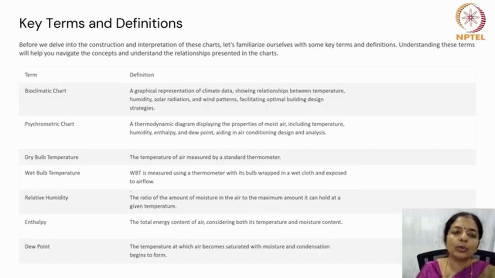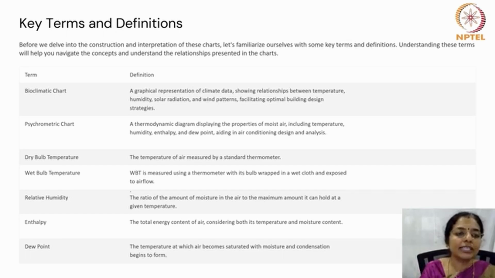Before we move into the construction and interpretation of these charts, let us familiarize ourselves with some key terms and definitions. Understanding these terms will help you to navigate the concepts and understand the relationships presented in the charts.